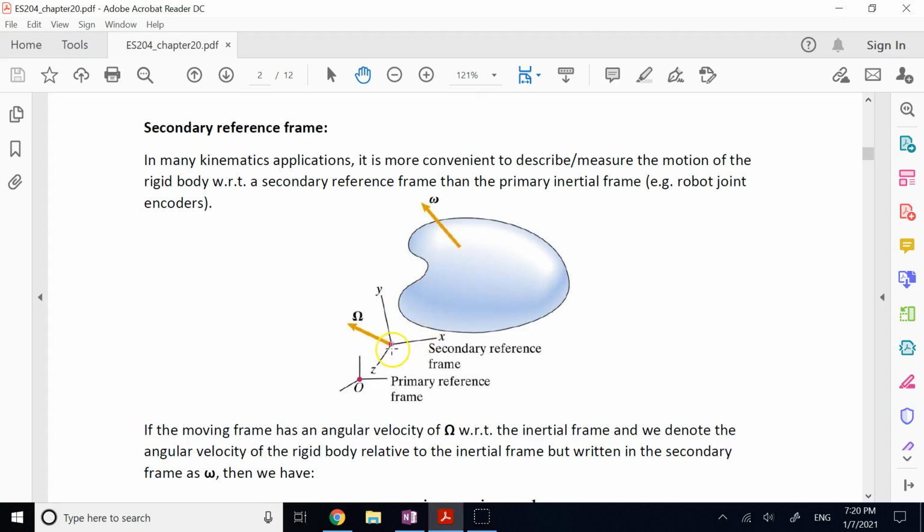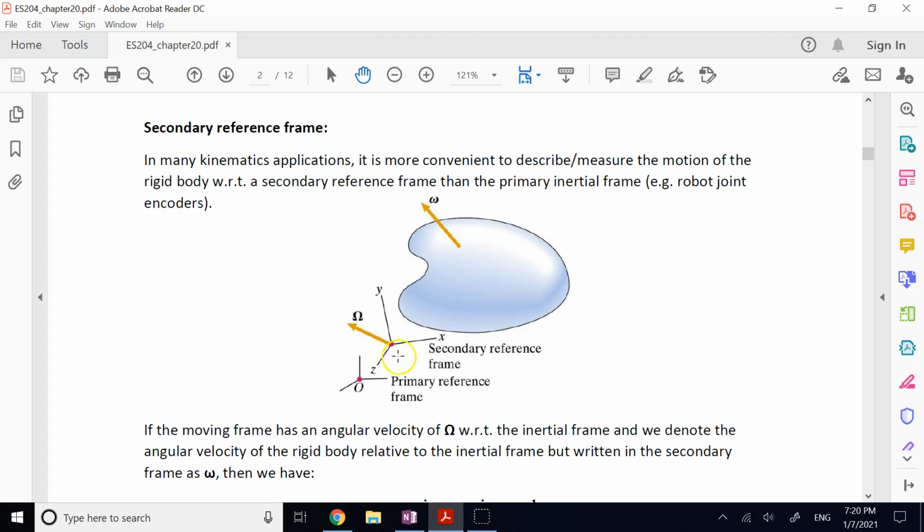Now, in this case, it's not mandatory. So in this case, the secondary frame is not what we call a body attached frame. It can have an arbitrary motion with respect to the inertial frame and not be attached to the rigid body.